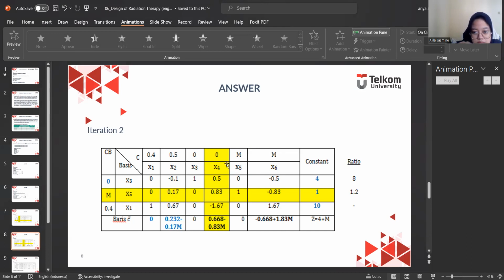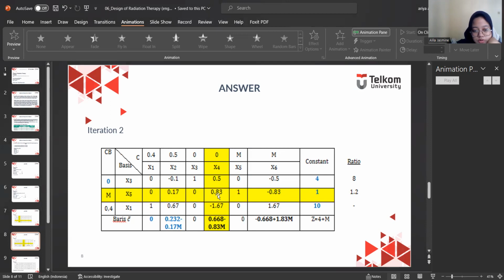Then, with the same method, we find the ratio by dividing the constant by the number in this column, like 4 divided by 0.5, 1 divided by 0.83, and the smallest ratio is the second line, so that's why we choose the second line to be highlighted.